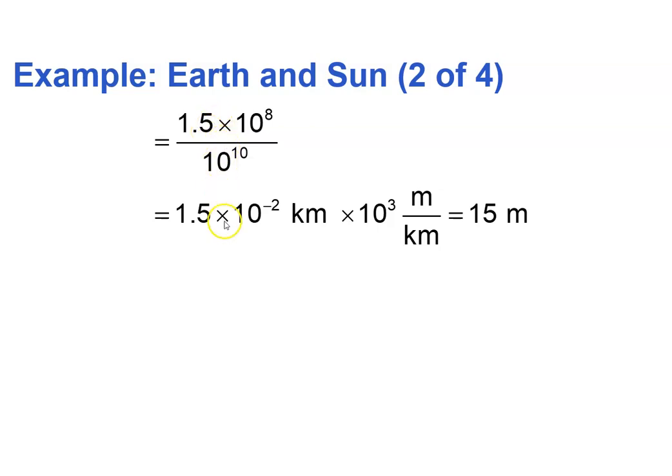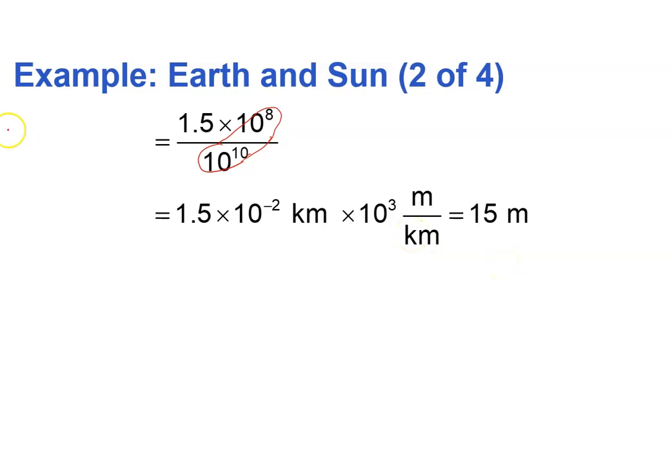1.5 times, and remember that trick we did before, where these bases are both 10 raised to a power. So 10 to the 8th and 10 to the 10th, 8 minus 10 is going to give you -2. So that's how they've reduced this. Now, where did they come up with this 10 to the 3rd meters per kilometer?